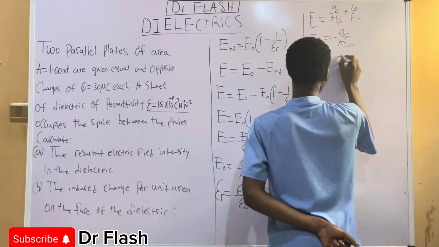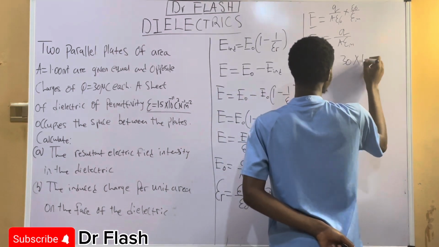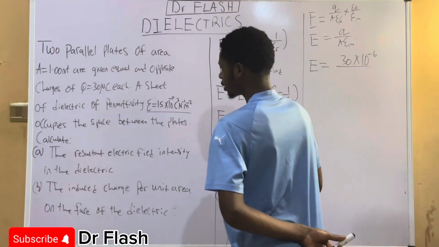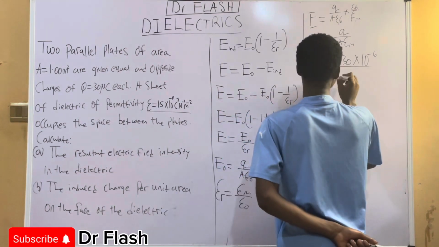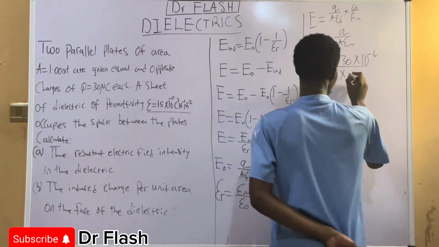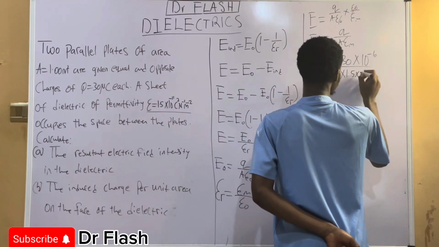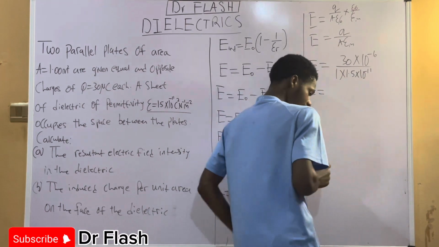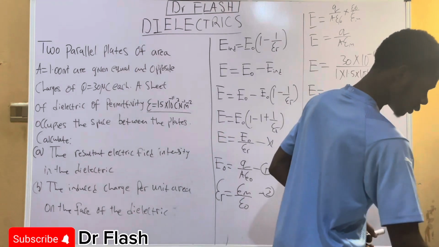It simply means that E is then going to equal, what was the charge given? We had 30 microcoulomb, that is 30 times 10 to the power of minus 6, divided by A. The area was 1, it's already in meters, so no need to convert, and then the permittivity is 1.5 times 10 to the power of minus 11. So what are we going to have as E? We're going to do that on our calculator.